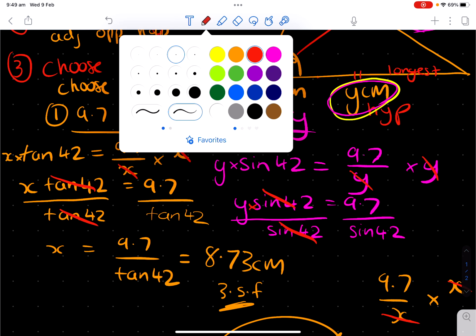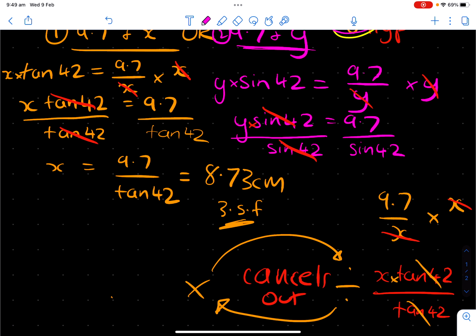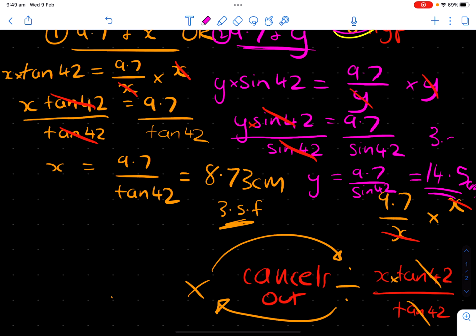We then get our answer, y equals 9.7 divided by sine 42, which we can easily calculate. We then get 9.7 divided by sine 42, which equals 14.5 centimeters. Always writing your units, once again, in 3 significant figures.